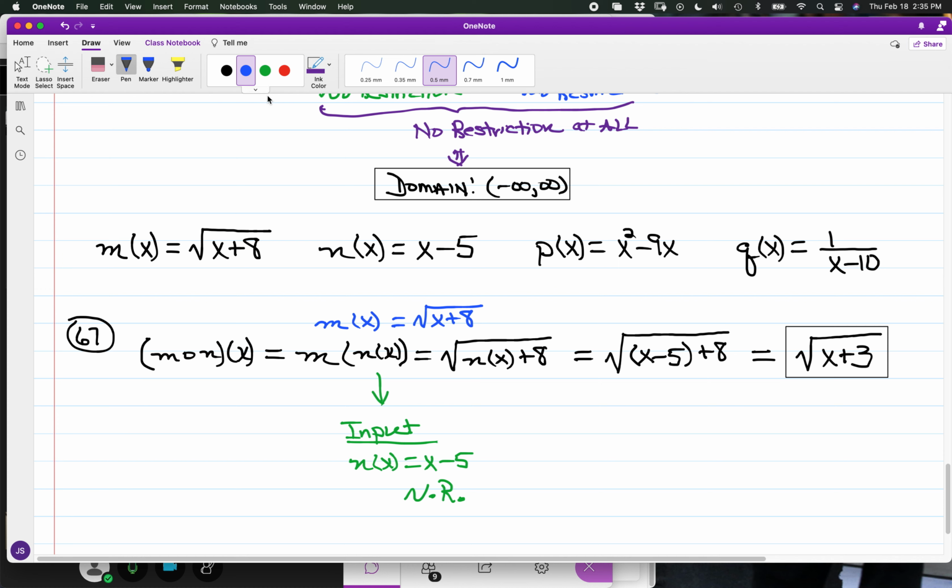However, for the output, we have the square root of x plus 3, and because there is a square root, whatever is inside the radical cannot be negative.